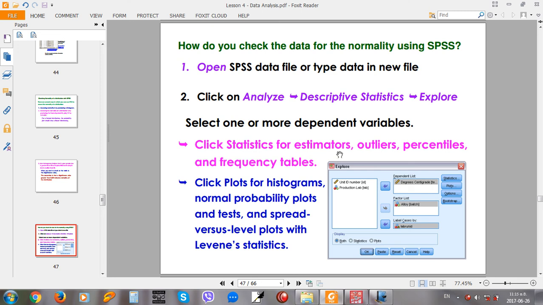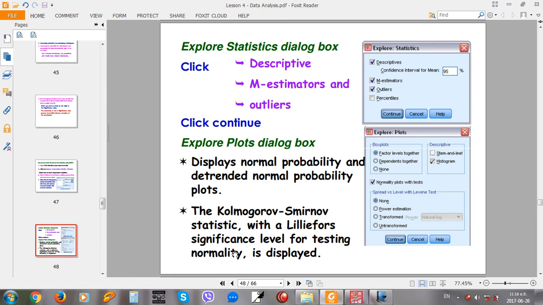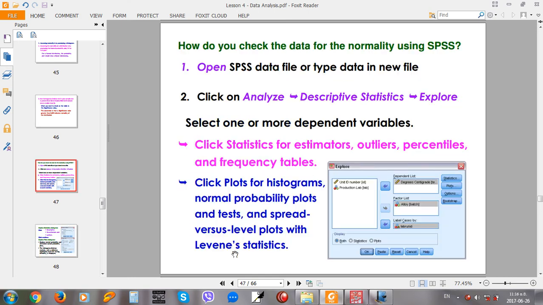Click Statistics for estimators, outliers, percentiles and frequency tables, right? You have to select those options. Click Plots for histograms, normality plots with tests, and the spread versus level plots with the Levene statistic, right? First we can do this part.